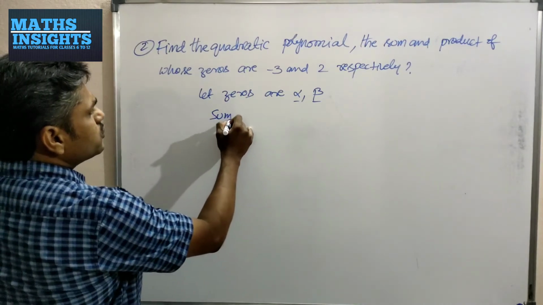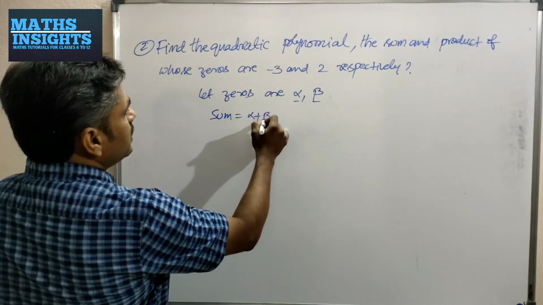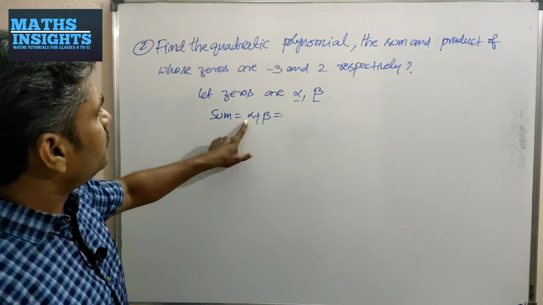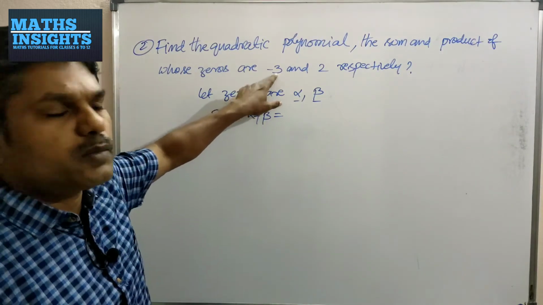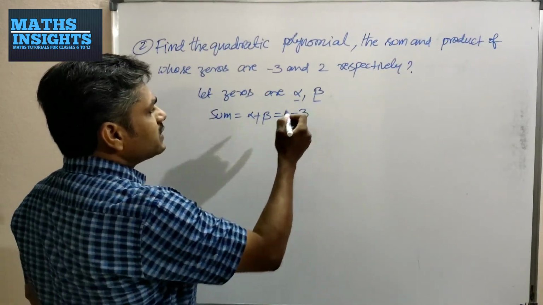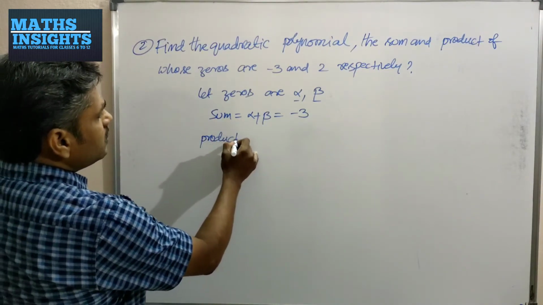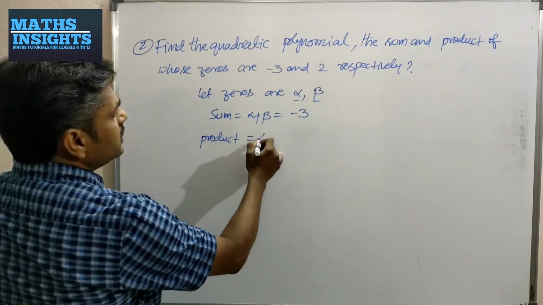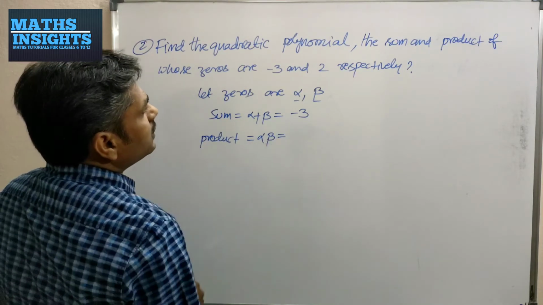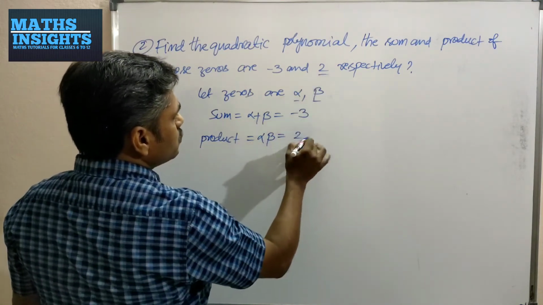Therefore the sum is alpha plus beta. They have already given the sum of these two zeros as minus 3, I am writing the same value, and also the product of the two zeros, that is alpha beta. What is the value they have given? That is 2.